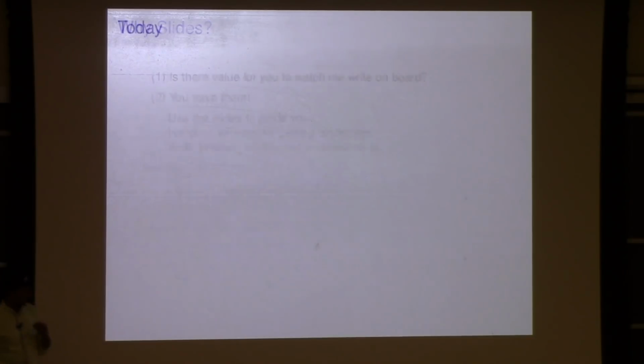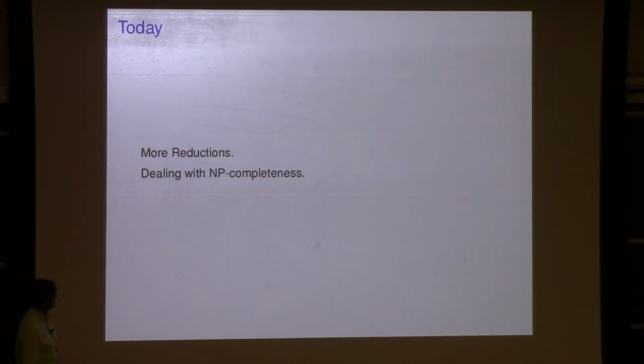Okay, so today we're going to do some more reductions and deal with coping with NP-completeness, which is the chapter. To me, there's only one thing in that whole coping chapter that I really like, which is approximation algorithms, which is what I do. But coping is what you're going to be doing with your project.